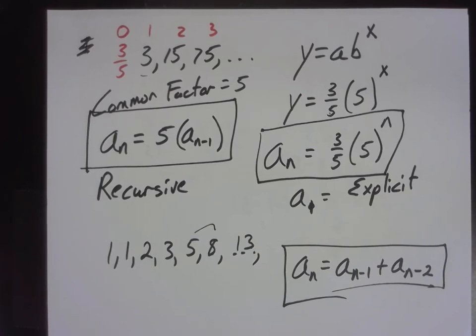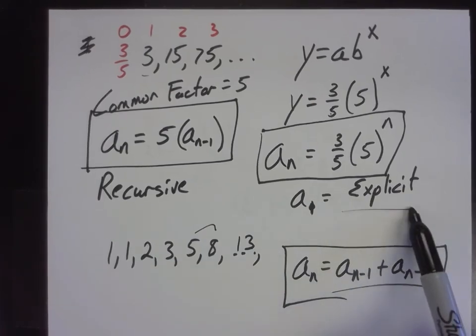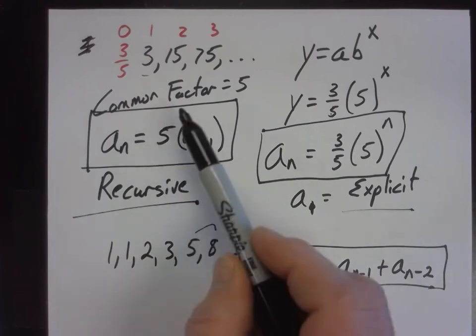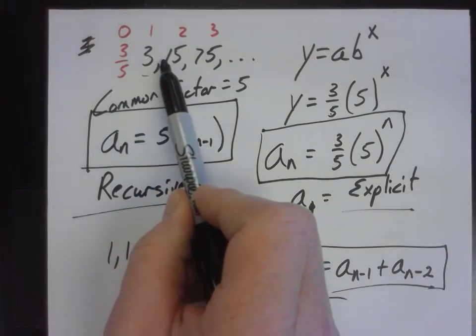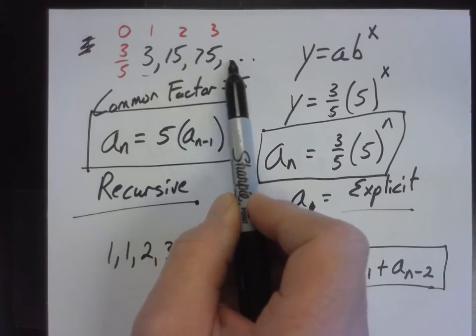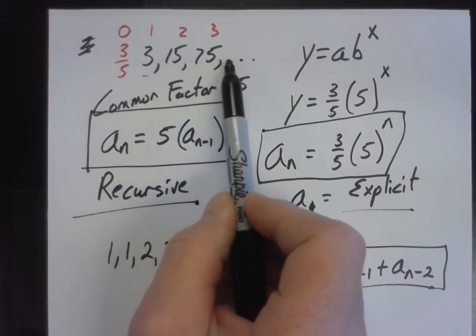But then let me ask you this. Can you find the explicit formula without really knowing the recursive one first? I mean, the first thing you did was look at this thing and say, how do I get the next one? Times by 5, right? You kind of thought about that first, didn't you? Right here.